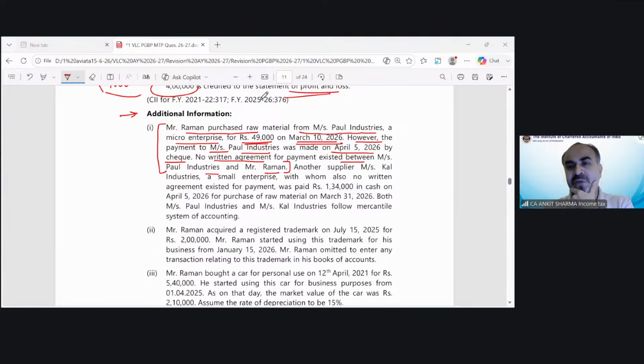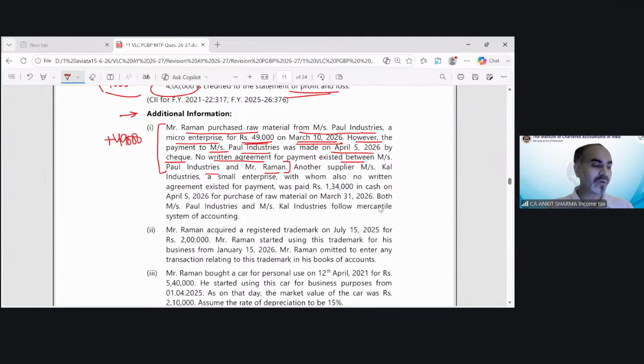Then Lakshmi is accurate. It's 15 days. So if within 15 days the payment has not been made, then that amount cannot be claimed as a deduction. As you can see, in this case, the payment has been made after 15 days. So 49,000 is going to be disallowed.